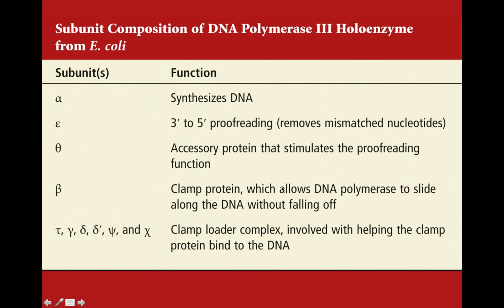The clamp protein allows the DNA polymerase to slide along the DNA without falling off. The beta clamp is what makes DNA polymerase highly processive. Then it has a whole other complex of proteins that is the clamp loader complex, which is involved with helping the clamp bind to and come off of the DNA. This is very important, especially in the lagging strand of DNA synthesis.